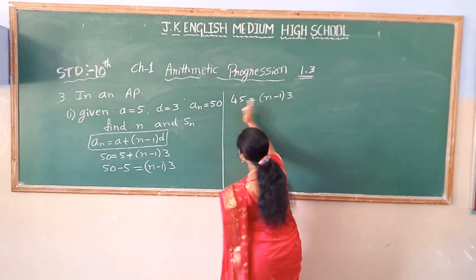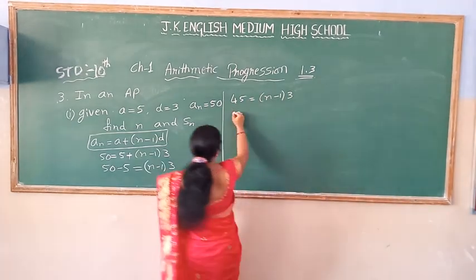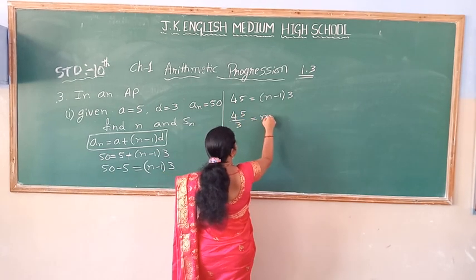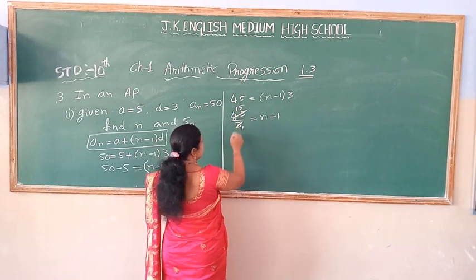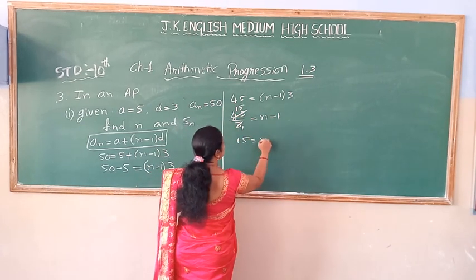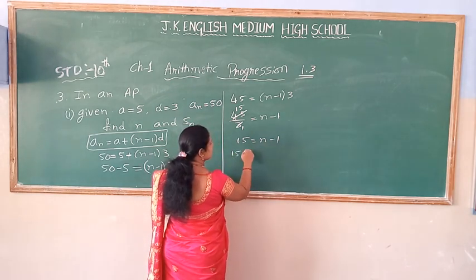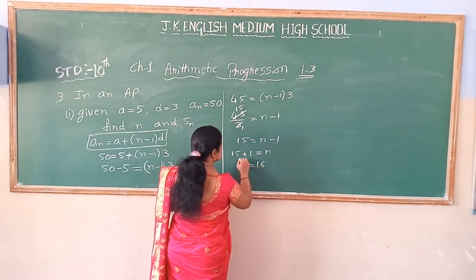Divide both sides, then you are going to get 45 divided by 3 is equal to n minus 1. So 3 ones are 3, 3 fives are 15. 15 is equal to n minus 1. Taking minus 1 to this side, it becomes plus 1. Then we got the n value 16.